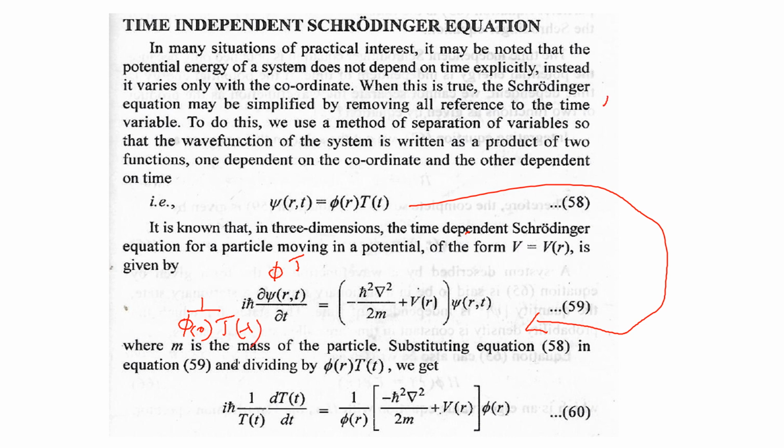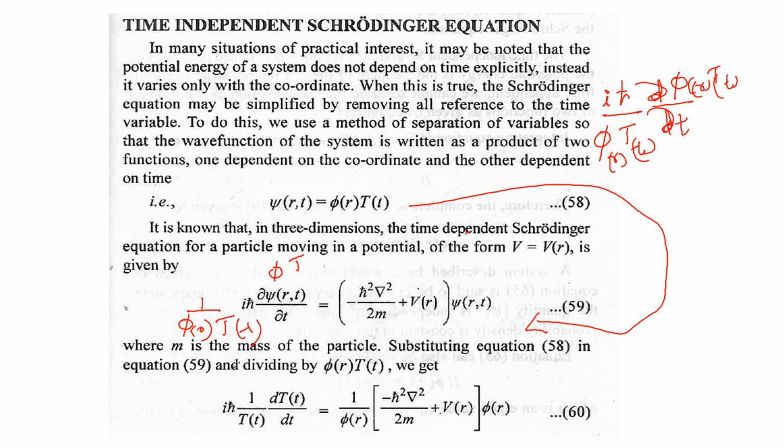So what you will get is i h-bar divided by phi of r T of t. This time we divided both sides of the above equation by phi of r times T of t. Then inside the differentiation, instead of psi of r,t we can write phi of r T of t, d by dt.